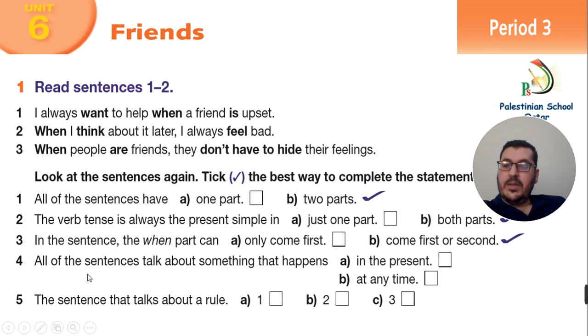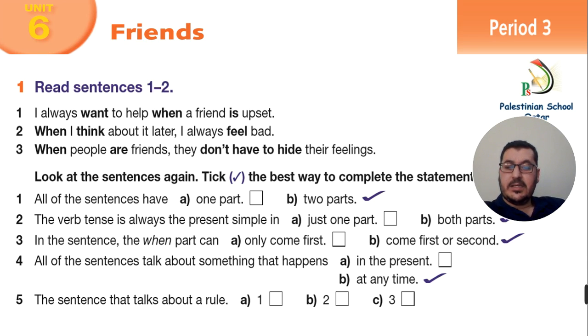Number 4, all the sentences talk about something that happened in the present, only in the present, or at any time? Of course, because we are talking about something true, we can use it at any time. Number 5, the sentence that talks about a rule.